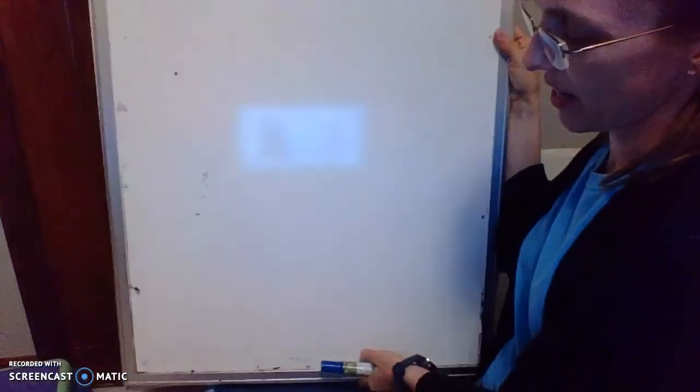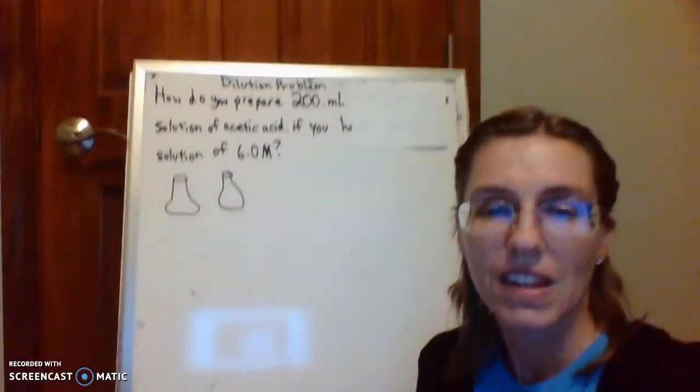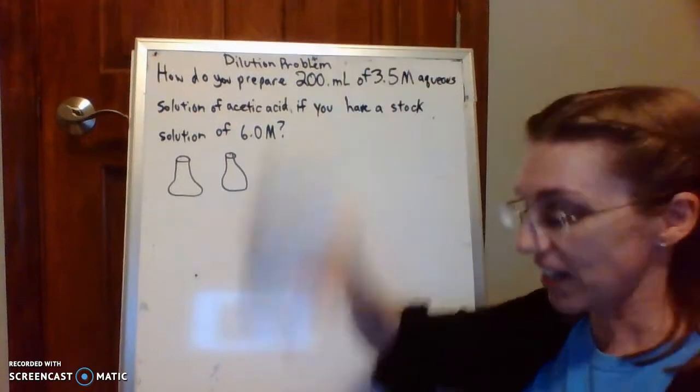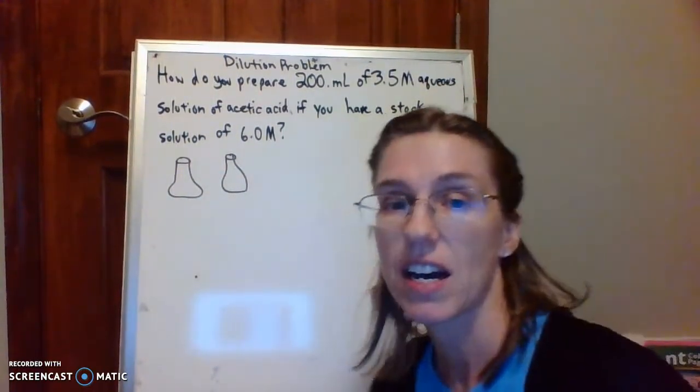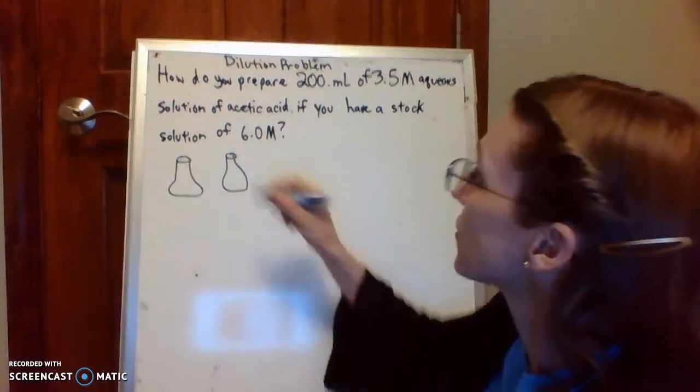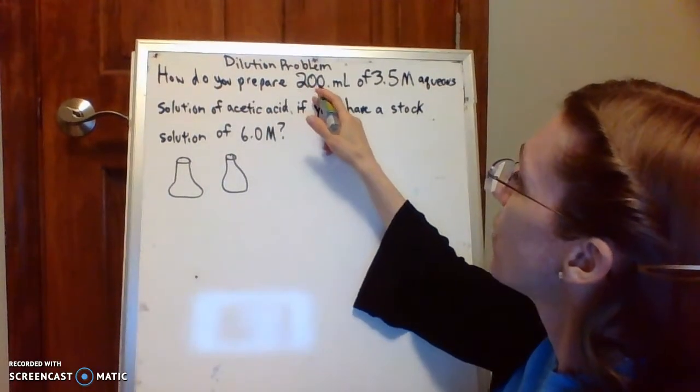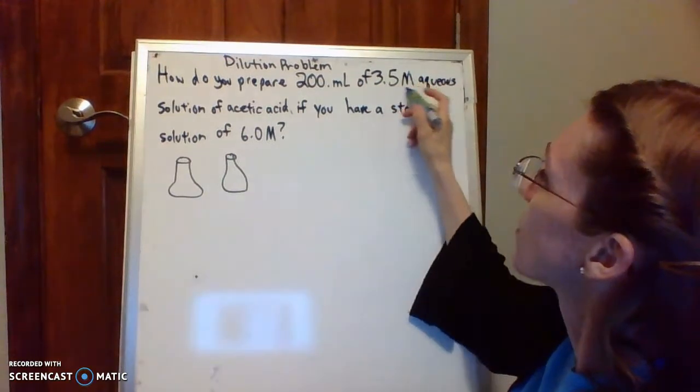So let's go ahead and work a few more problems. Here we've got a dilution problem, which is just like the dilution problem we had on the other using the percent concentrations. It says, how do you prepare 200 milliliters of this solution?